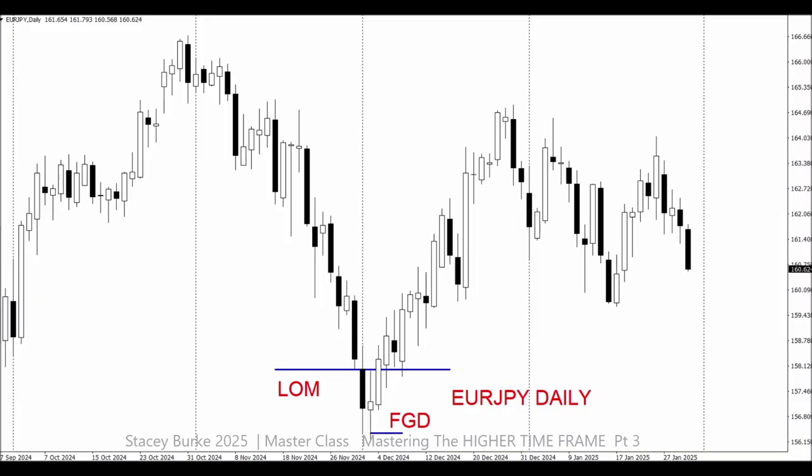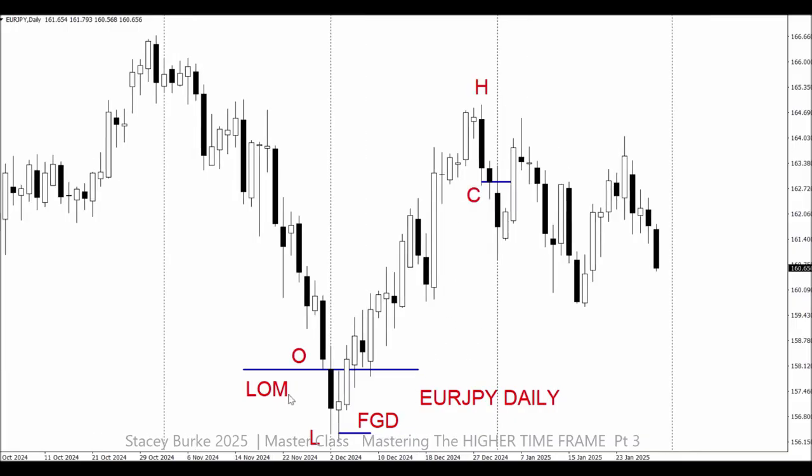Now, looking at a similar example of what we just saw on that chart, we're looking at the Euro-Yen daily chart. We have a market that, as the new month begins, Monday, Tuesday gives a first green day signal. Now, in this particular case, this market traded back to close at the extreme, similar to what we just saw. Open, low, high, and close.